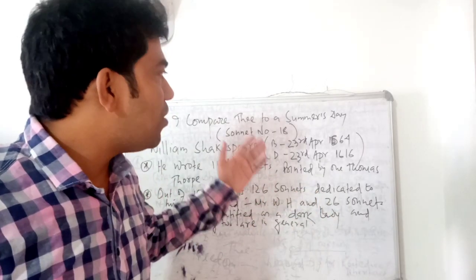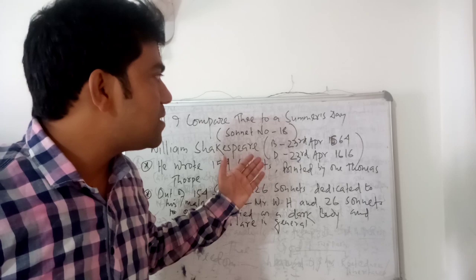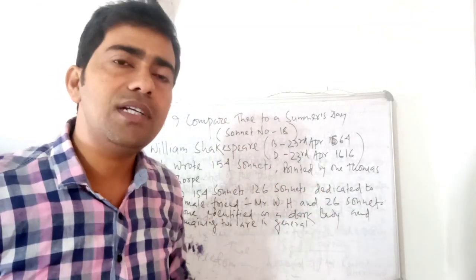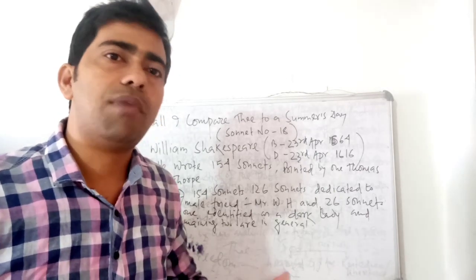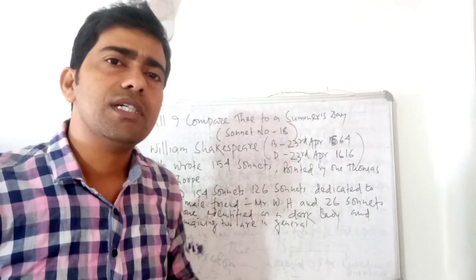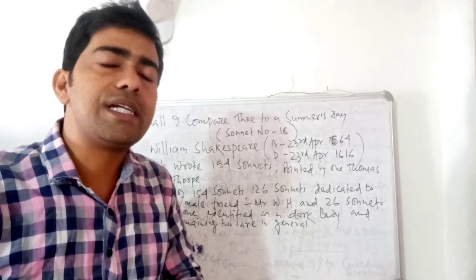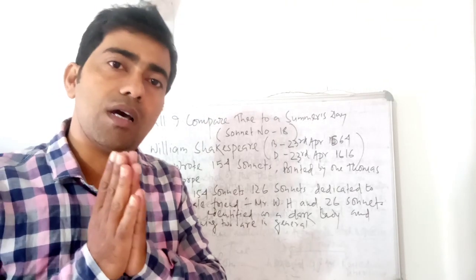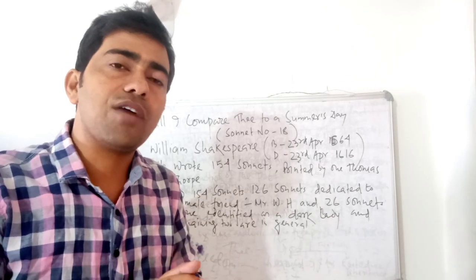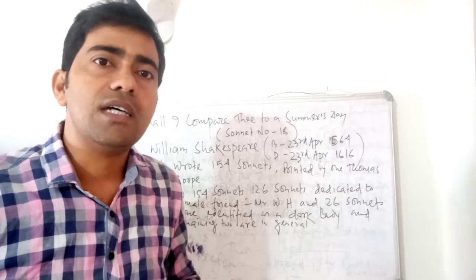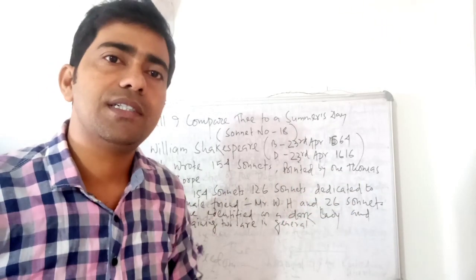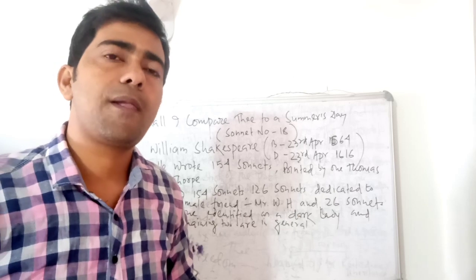He was born in Stratford upon Avon, beside the Avon River. Therefore he was sometimes called the Bard of Avon, and he wrote so many sonnets, long poetry, plays, tragedies. From his writing, he was considered one of the most famous English playwrights and sonneteers.